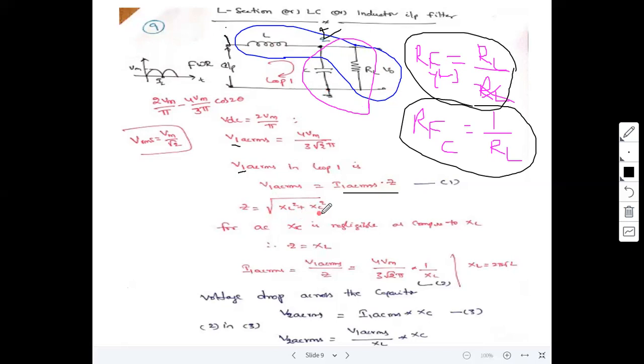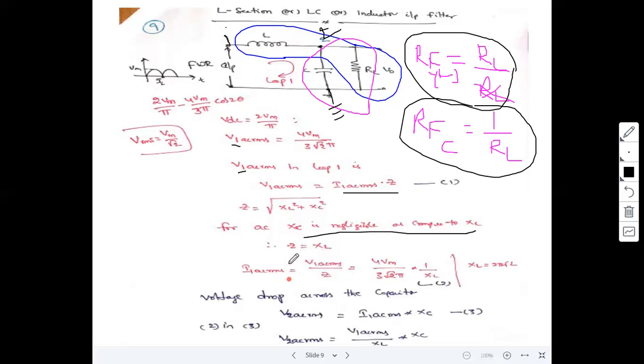Now the capacitor allows the AC component; all AC components are passed through the ground only. So XC is negligible as compared to XL. Now Z is equal to XL.